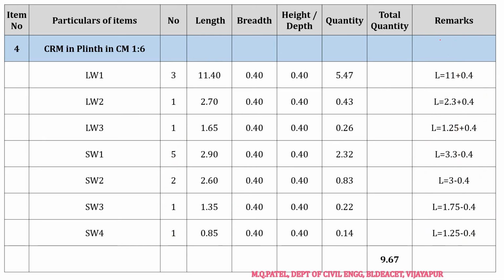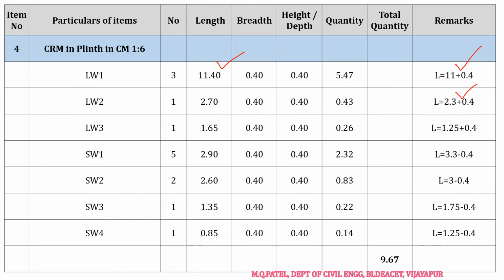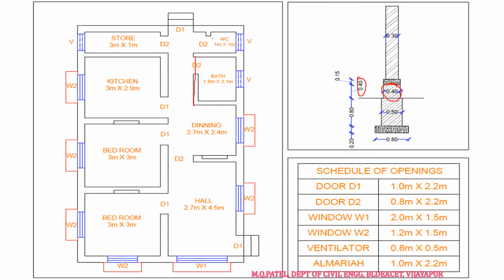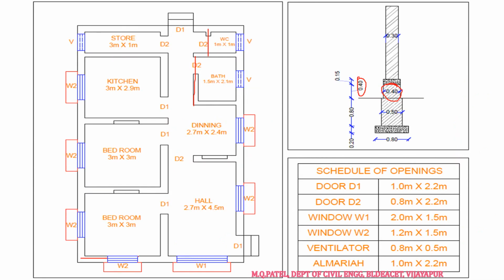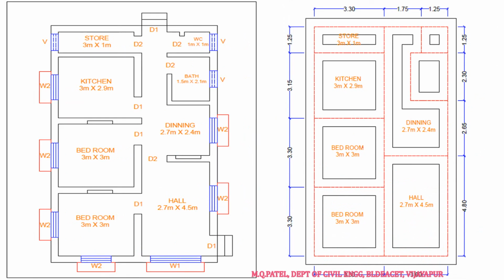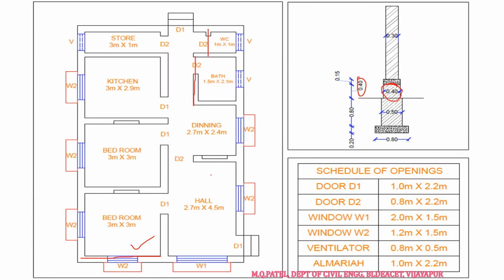So if you take 11 plus 0.4, this is 11.4. 2.3 is the center to center distance; plus 0.4, you'll get 2.7. Then next this wall, 1.25 plus 0.4, you'll get 1.65. Short wall now, again this wall, 3.3 center to center distance minus 0.4, as it is a short wall, that is 2.9.